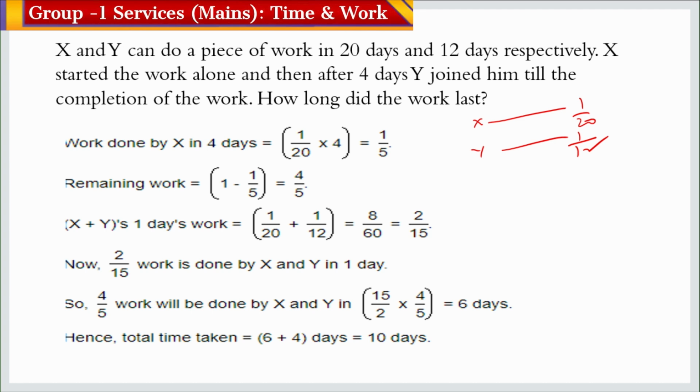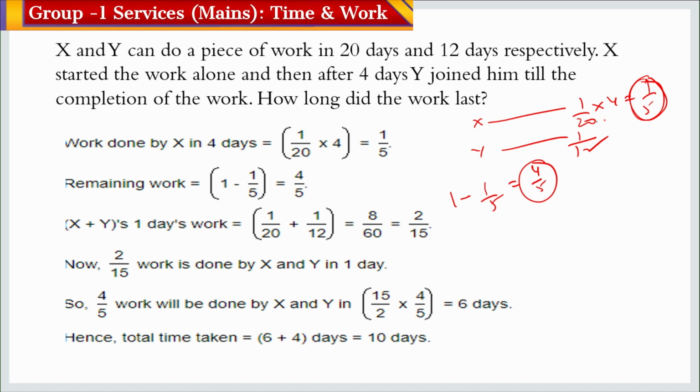How long does the work last? So, here X works only 4 days, means into 4, it is 1 by 5, 1/5 of work is done by him. So, 1 minus 1 by 5, that is 4/5 of work remains, correct.